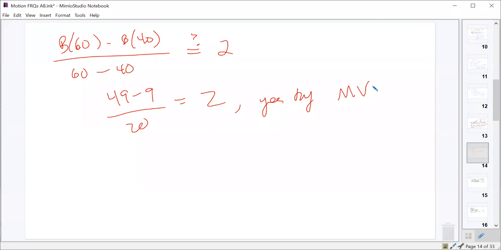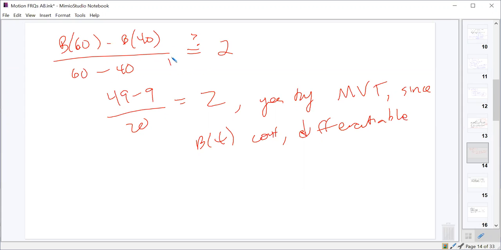by the mean value theorem, since b of t is continuous and differentiable, and the average rate of change is 2, then the instantaneous rate of change must be 2 somewhere on that interval. And so that was worth 2 points.